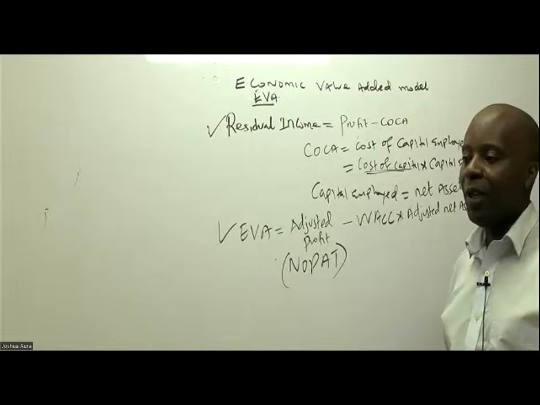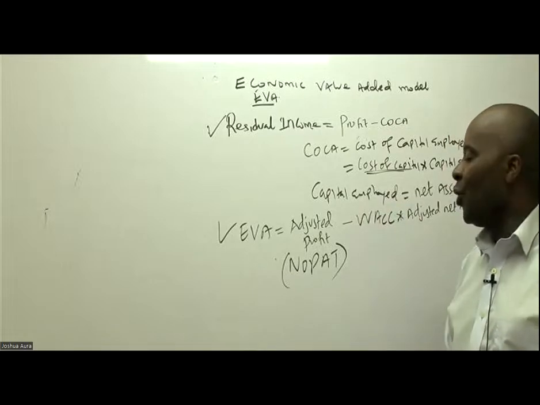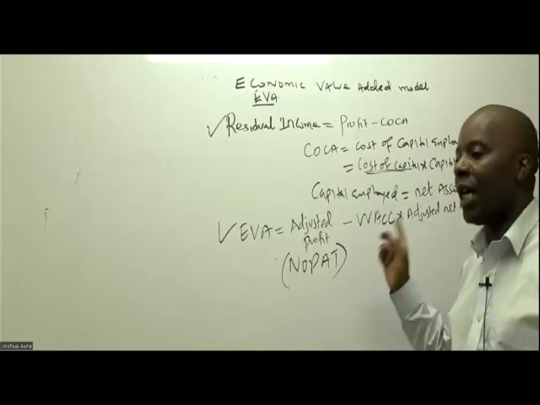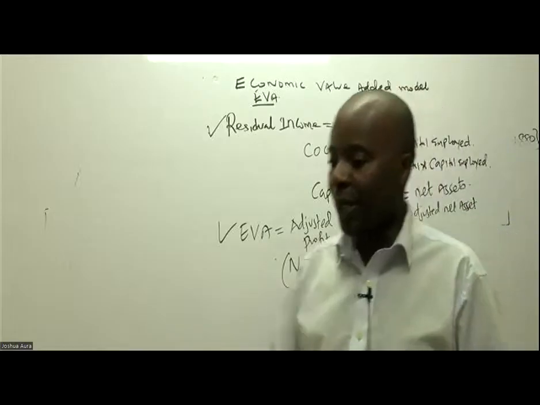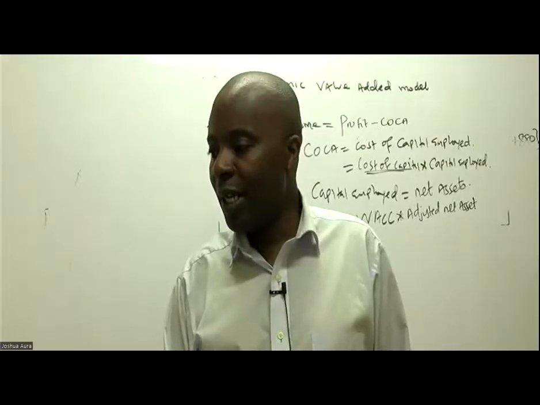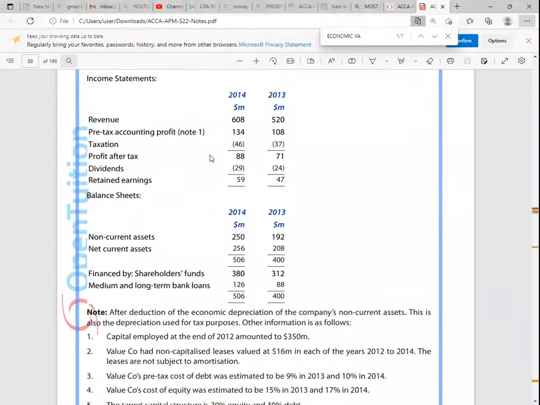I want to give you exactly 5 minutes. Try to compute this net operating profit after tax from the question provided here. I would want to share this book with you during those 5 minutes.